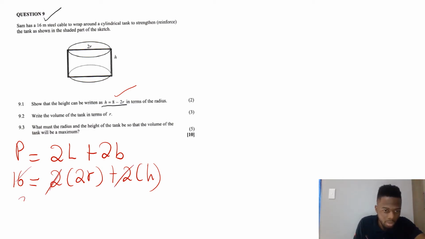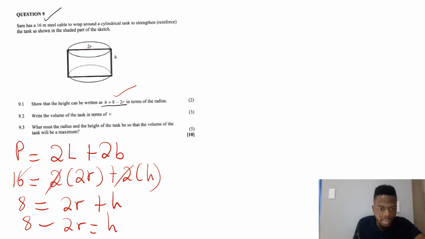Here we'll be left with 8 equals 2r plus h. So we take 2r to the left hand side, and 8 minus 2r is going to give us h. So we are done with that one. We've proved indeed the height is equal to 8 minus 2r.